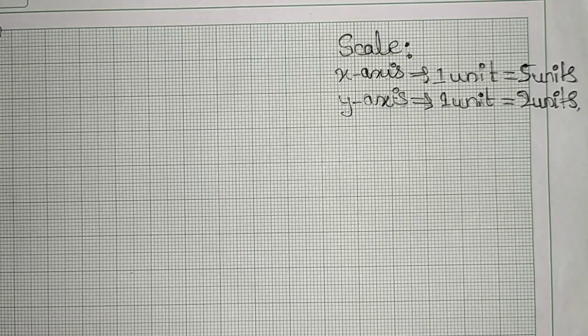That is, on the x-axis, 1 unit is equal to 5 units. That is 1 square is equal to 5. So your scale will be 5, 10, 15, 20, 25 and so on. Similarly on the y-axis, I have taken 1 unit is equal to 2 units. That means 1 square is equal to 2, 4, 6, 8 and so on.